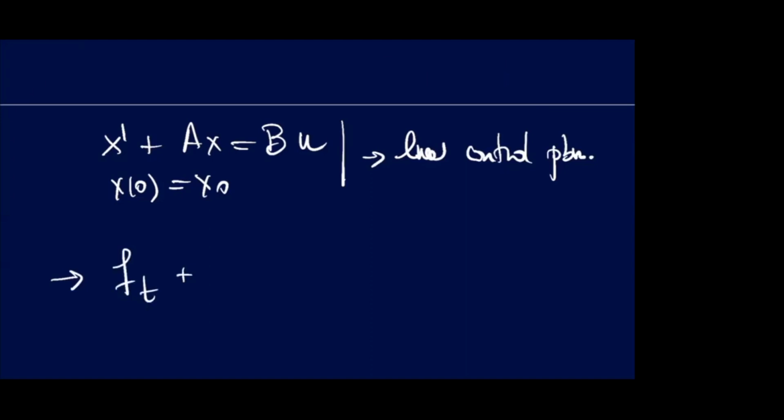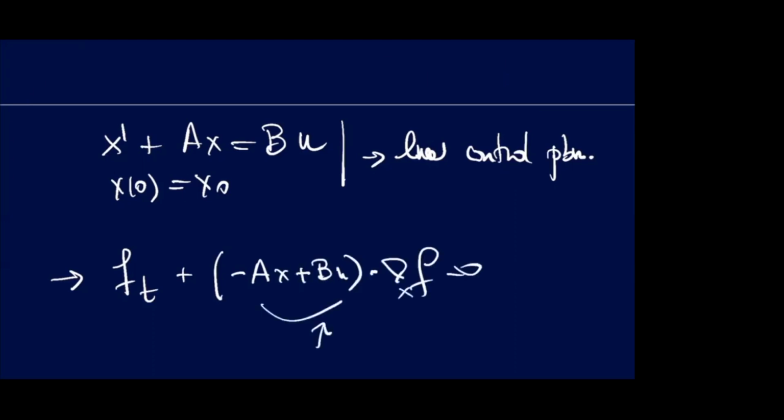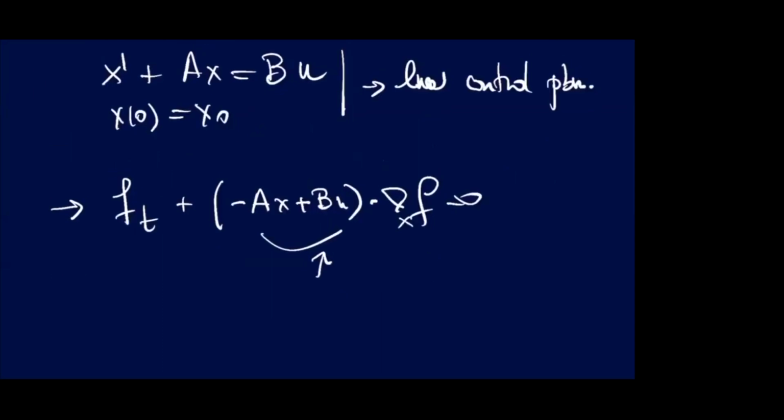What I see now is that the control is entering now as a coefficient in the equation, right? So then this linear control problem in the ODE setting becomes a nonlinear control problem, right?